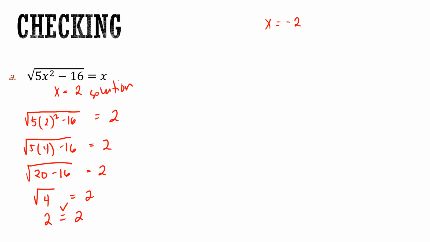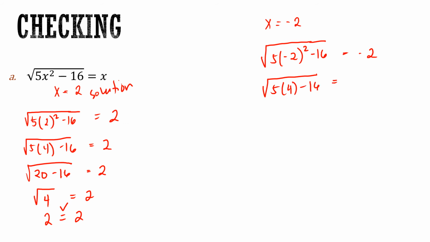Now, let's look at x equals negative 2. So let's substitute. We have the square root of 5 times negative 2 squared minus 16 equal to negative 2. Simplify again. Negative 2 squared is positive 4. So we get 5 times 4 minus 16 equals negative 2. 5 times 4 is 20, minus 16. 20 minus 16 is 4, so square root of 4 equals negative 2.